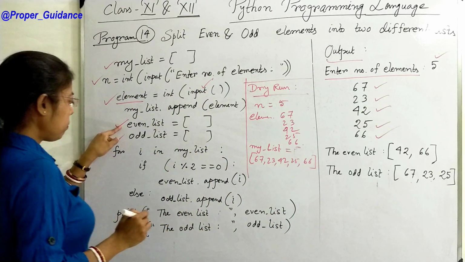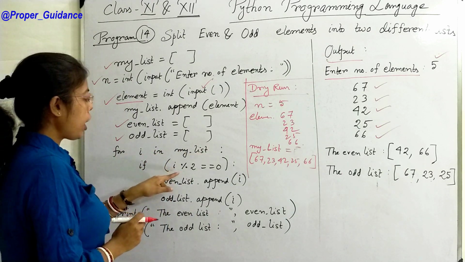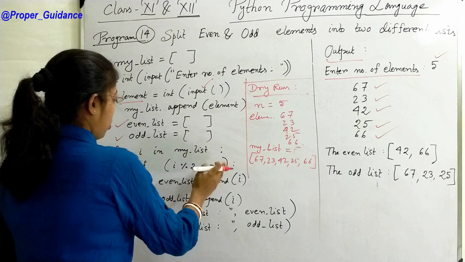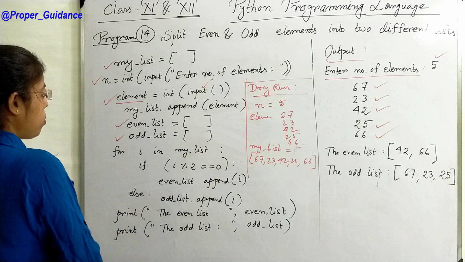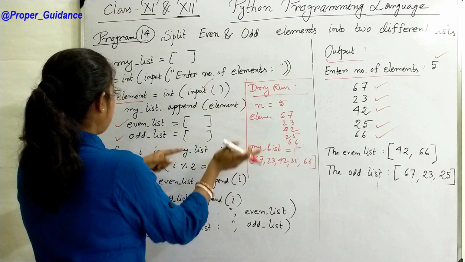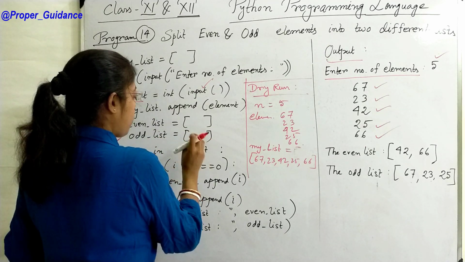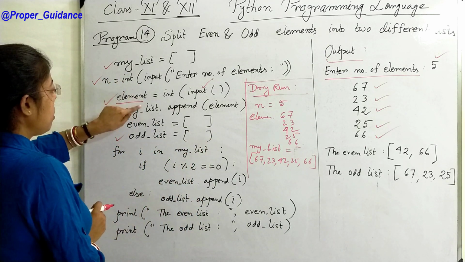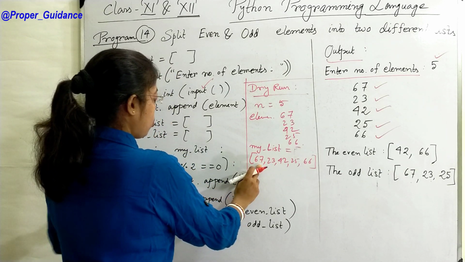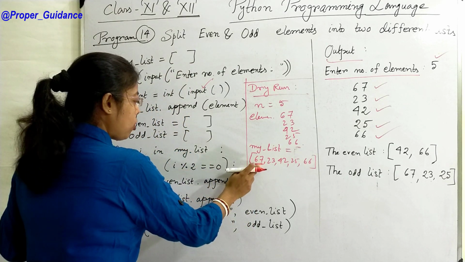And then, for I in my list, if I modulus 2 equals 0, this means in my list, at the first position, what is the value? First position value I modulus 2, so 67 modulus 2, is this divisible by 2 or not?